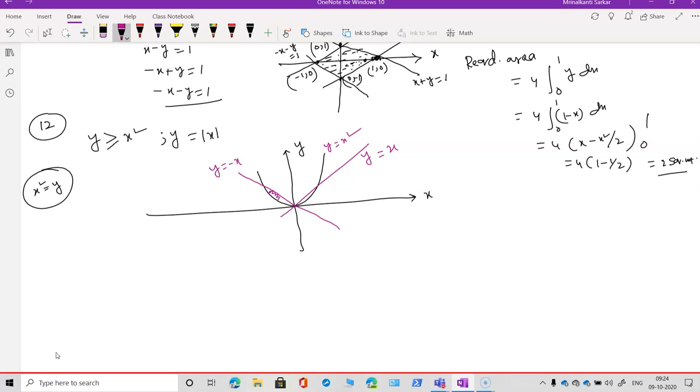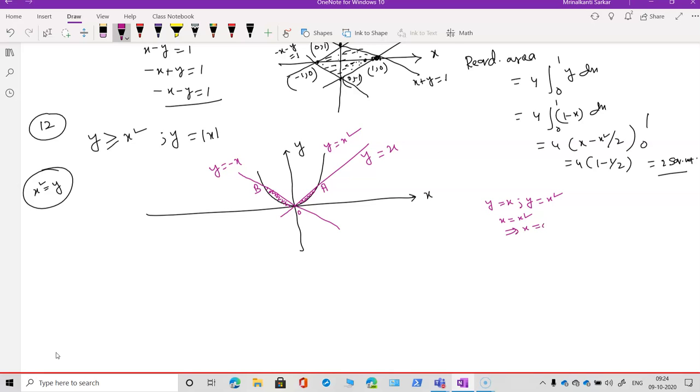You need to find the sum of these two areas, isn't it? This is A, and by symmetry, the area lying here is equal to the area lying here, between this line and the curve. So by solving y equal to x and y equal to x square, we get x equal to x square.